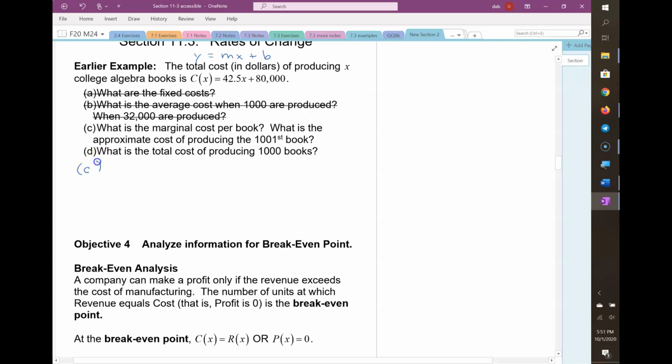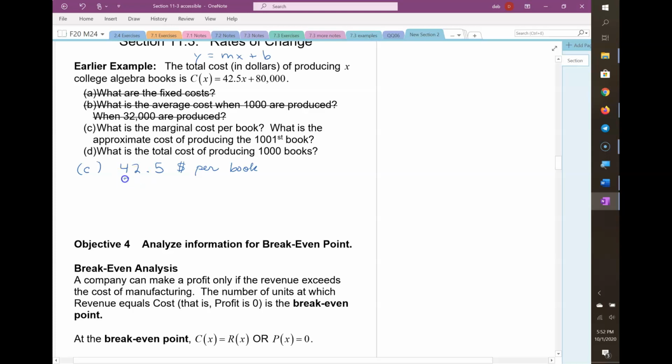So the marginal cost is the slope. And then remember, it's in units of y, dollars, over units of x, books. So it's $42.50 per book. Okay, then what's the approximate cost of producing the 1,001st book?